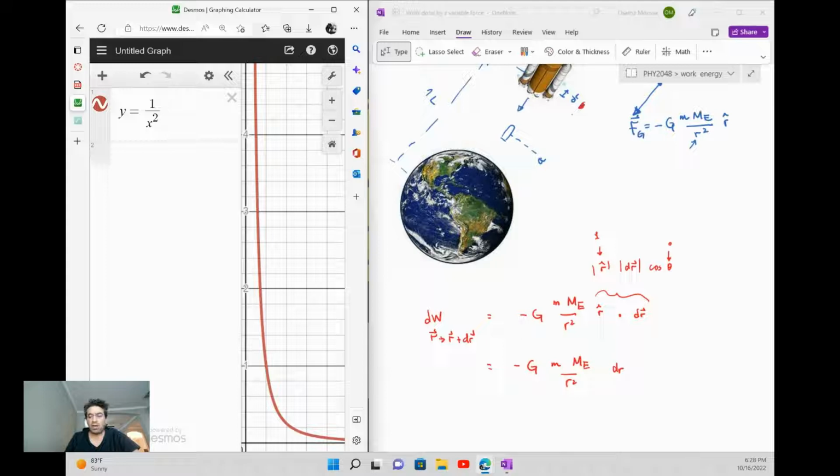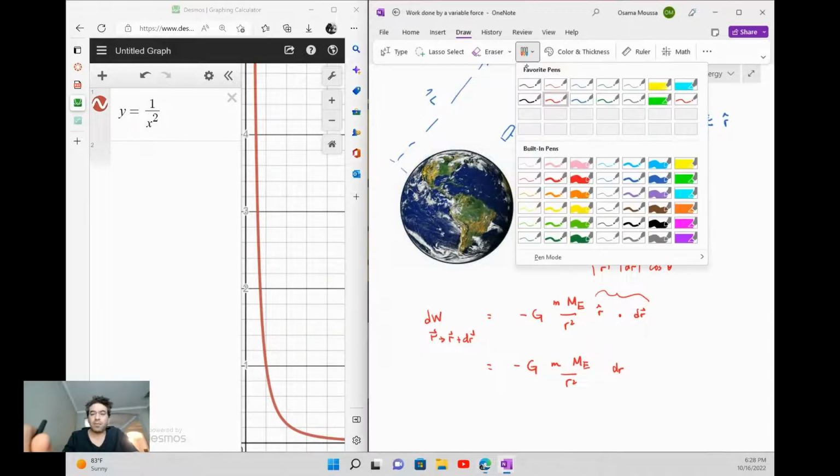In essence, what we've done here is we said, suppose I calculate the amount of work done during a very small amount of displacement from, let's say, here to here, right? And now what I want to do is say, suppose the displacement is much bigger than that infinitesimal displacement. How can I think about the work done during a displacement from some situation A to some situation B? So that means I need to integrate this expression.